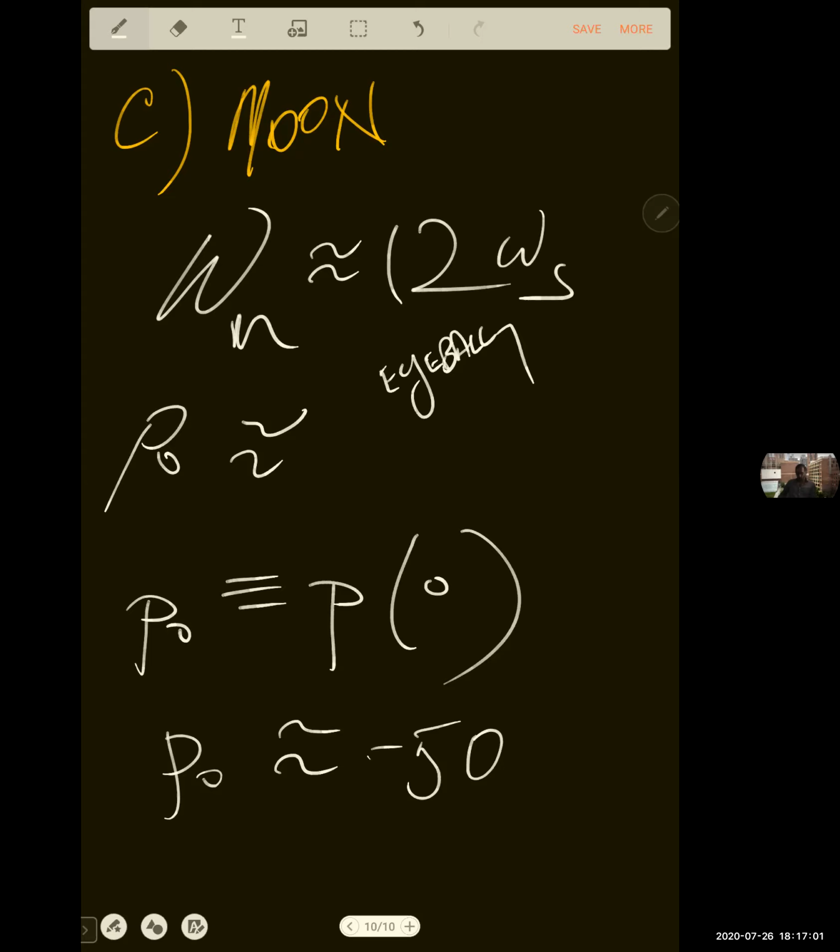Right. Okay. And so I think the function is -50 cosine, now 12 times that other, the frequency is now, so it's going to be about the other frequency.